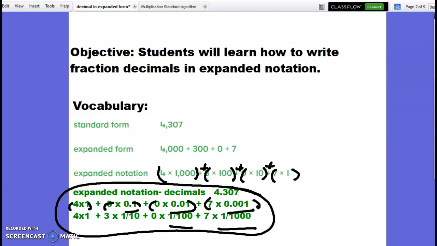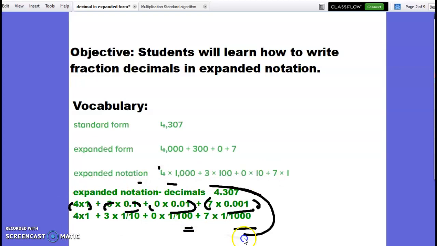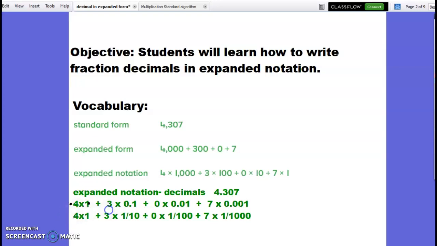I'm going to erase my markings here so that you can actually get all that information. If you need to, pause the video. And again, I'm erasing all of my markings so that you get that clear. Pause the video here. This is one of the most important things that we will have as far as our notes. And again, just writing that expanded notation is the form of your decimals that I want you to do.